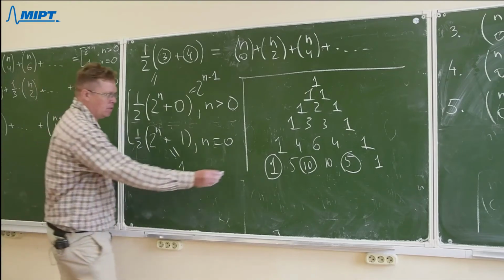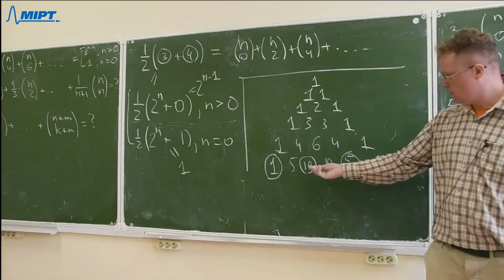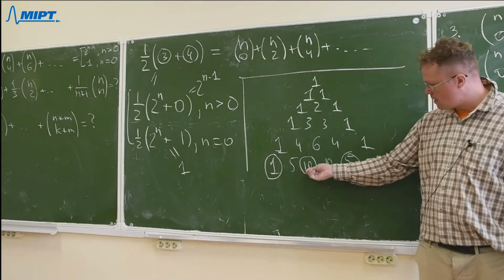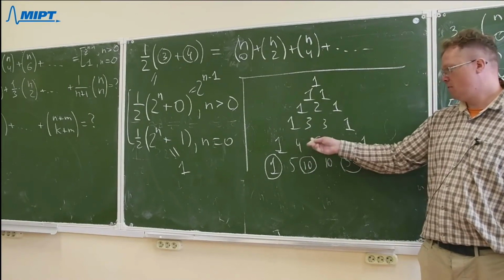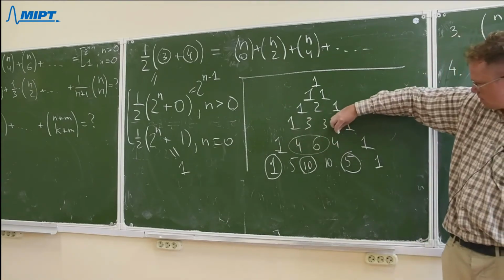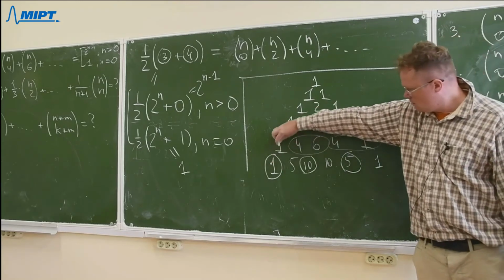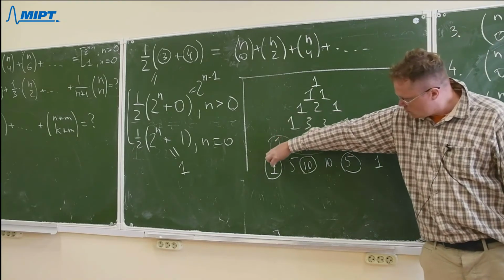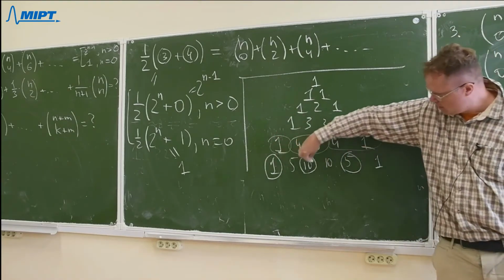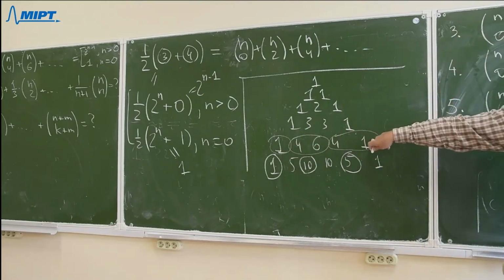So, for example, this number 10 is just the sum of these two numbers, yes? This is the sum of these two numbers. And this is just this number. So the sum of these three numbers is nothing but the sum of all numbers in the previous row.